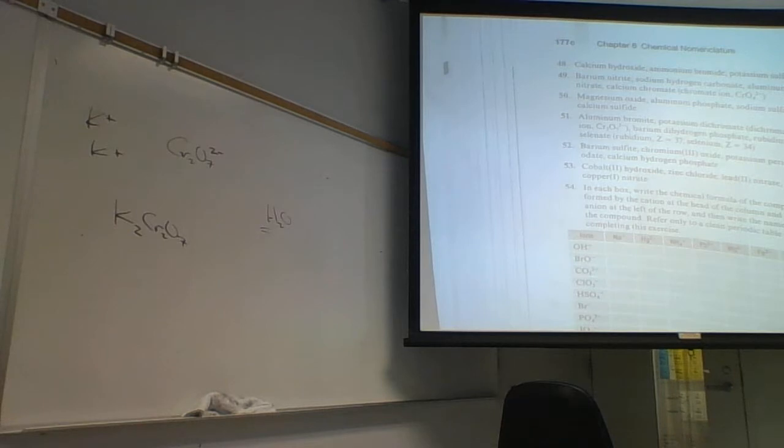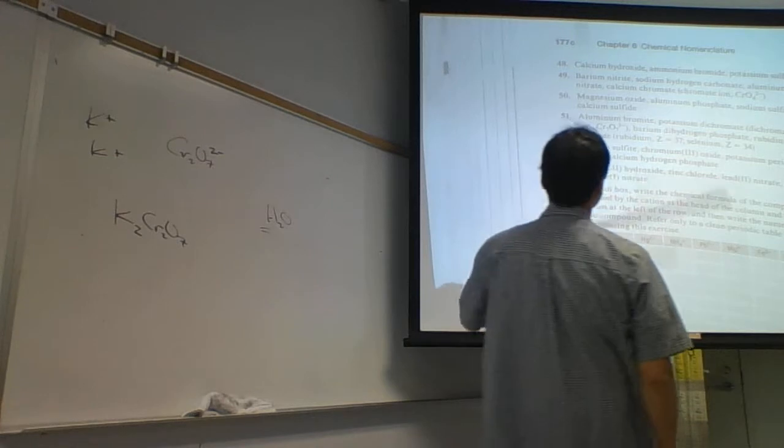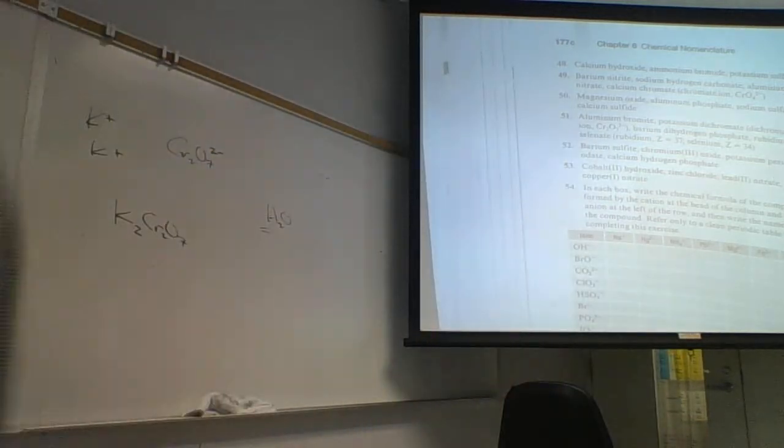So what is dihydrogen phosphate? I know what phosphate is. Phosphate is 4 oxygen, 3 minus charge. Dihydrogen means we have 2 hydrogens, so it's going to be H2PO4, charge 1 minus. And so it looks like we're going to need 2 of these to balance out the charge. It's going to be Ba(H2PO4)2, barium dihydrogen phosphate.